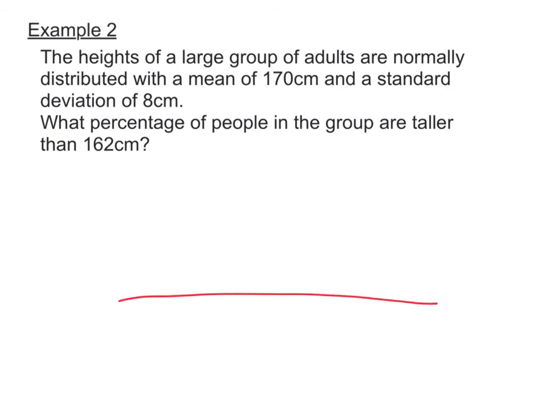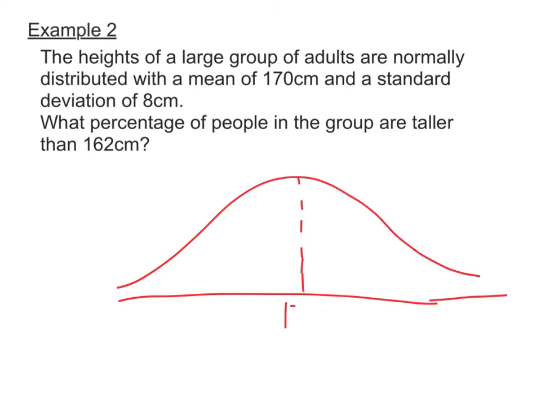If we draw our normal curve, we've got our mean of 170 centimetres. We need to figure out where this 162 lies in relation to our mean. We know our standard deviation is 8, so because this 162 is 8 below that, then 162 is 1 standard deviation below the mean.